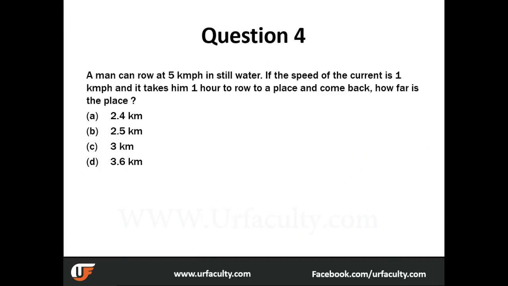A man can row at 5 km per hour in still water. If the speed of the current is 1 km per hour, it takes 1 hour to row to a place and come back. How far is this place? So his speed in still water is 5 km per hour. So what is the speed in downstream?